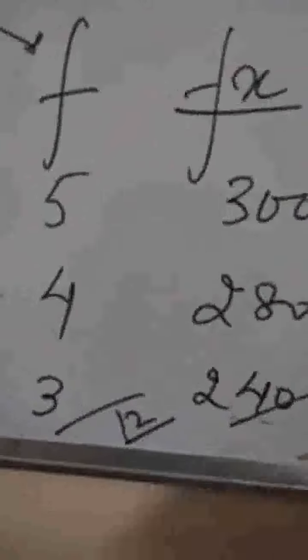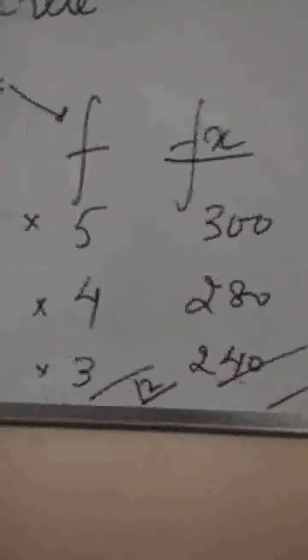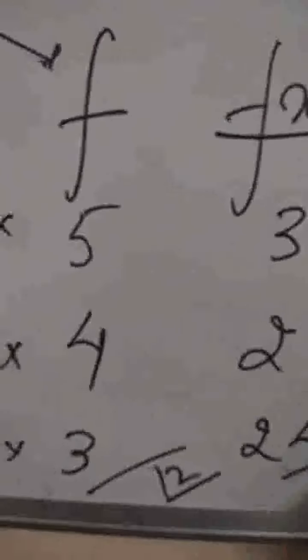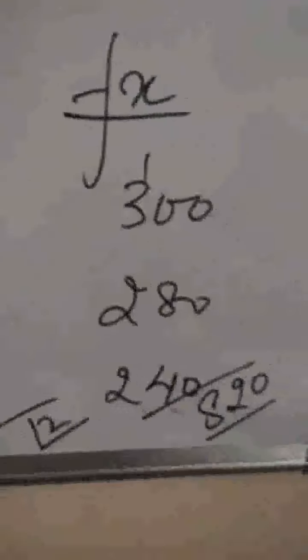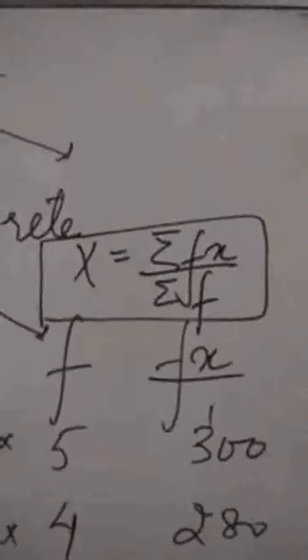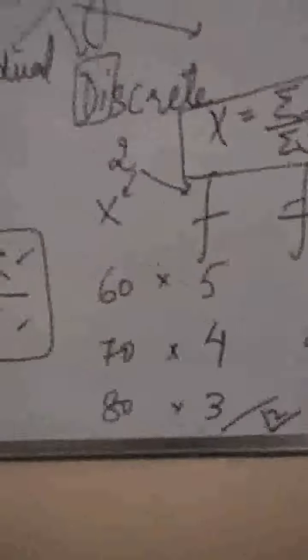Now you will be totaling out fx this time, and also the f which we have already totaled out. 8 and 4, 12. 300, 280, 240, that is 820, right? Now the formula for discrete is mean is equal to summation fx upon summation f. I hope this is clear.